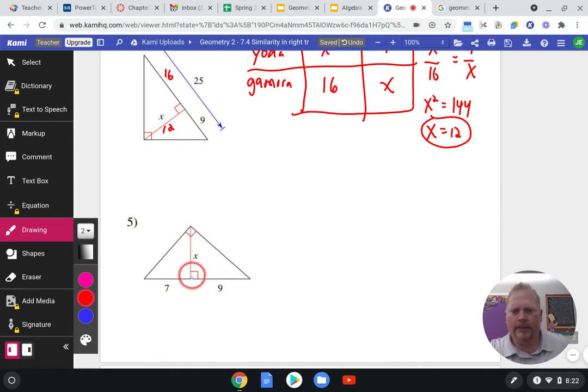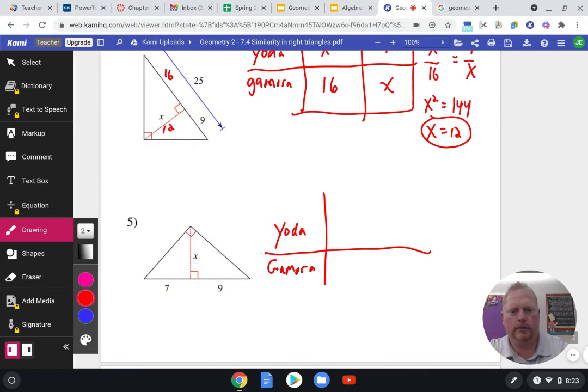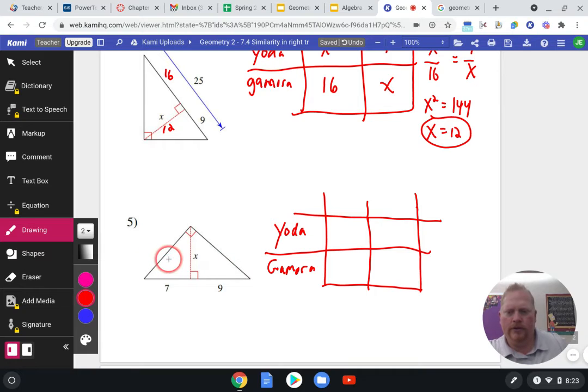All right, so this x is in both the little baby triangle and the Gamora triangle. Okay, so over in this baby triangle, 7 is the short leg, and in this one, it's kind of tough to see which one's the short one, which one's the long one.